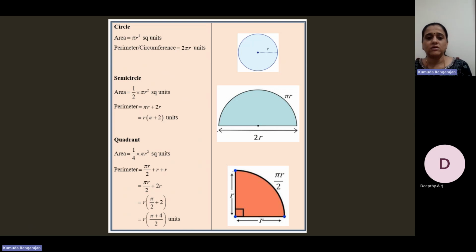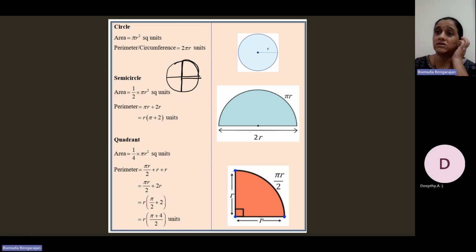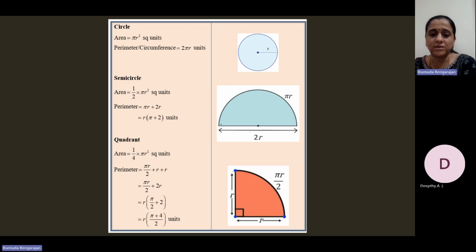A quadrant. Quadrant is 1/4 of a circle. When you cut the circle into 4 equal pieces, each piece is a quadrant. Diameter is what? This is the diameter, right?